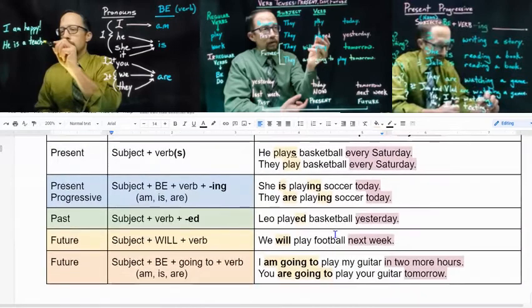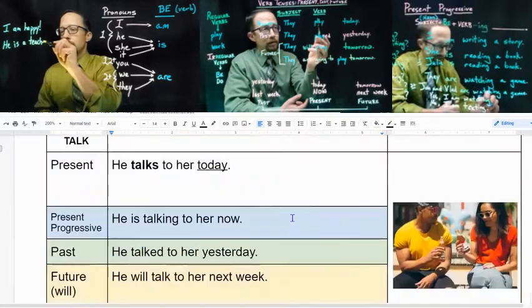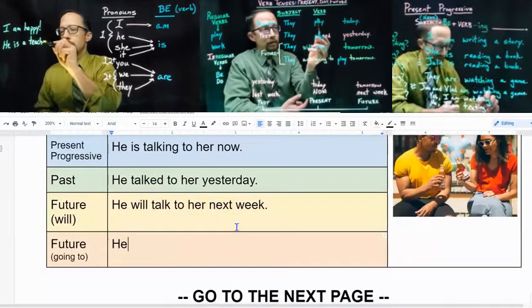How do we change he? So he and she are kind of the same. They're one person, right? She is playing. He is also one. So we say he is talking. Oh, I'm sorry. He is going to, right? We're doing future tense with going to.